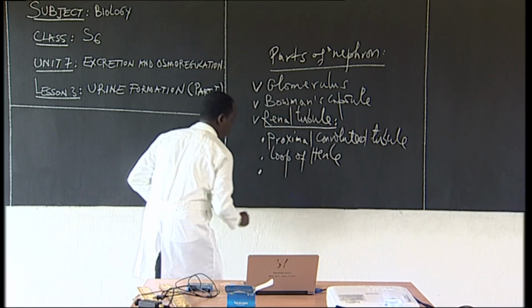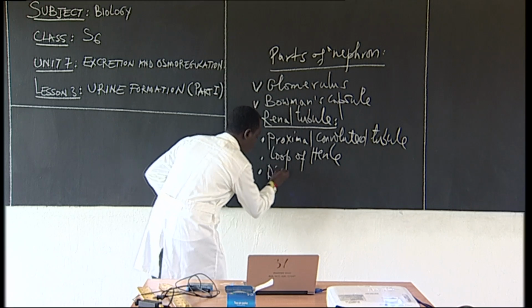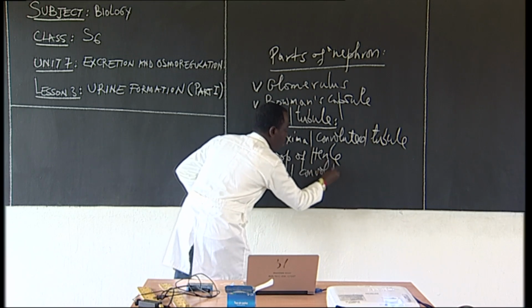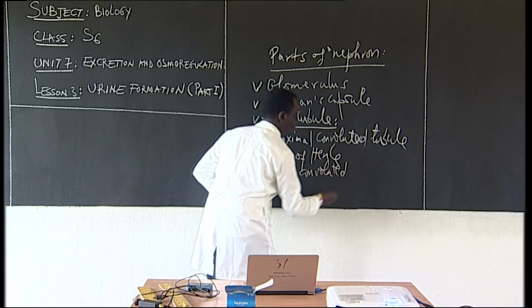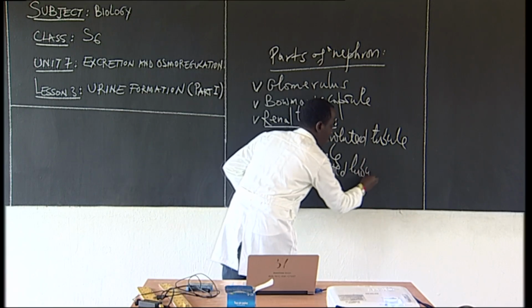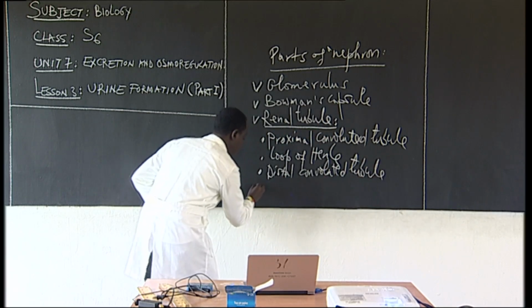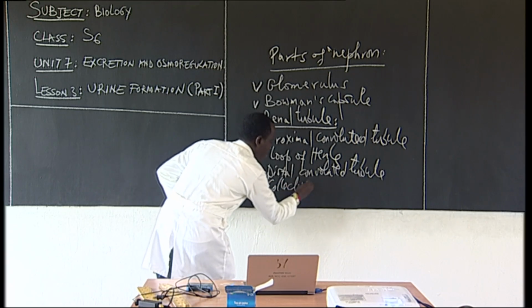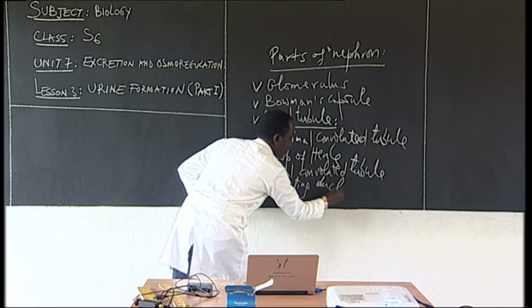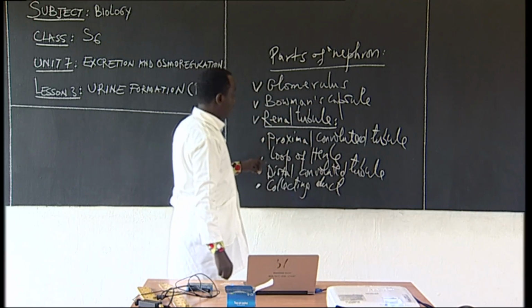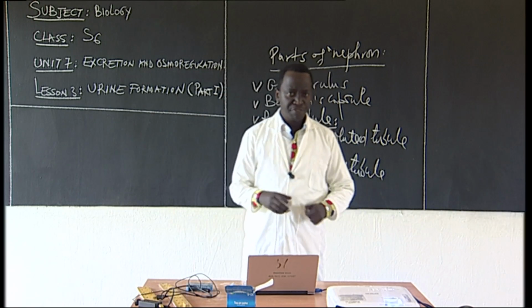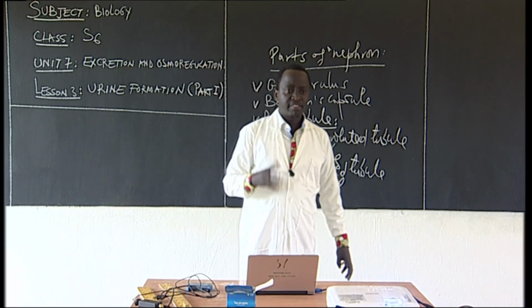It has also what you call distal convoluted tubule. Then finally, it has what you call collecting duct. So those are the main parts of the nephron.